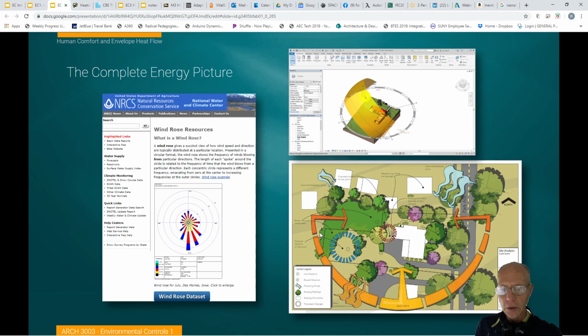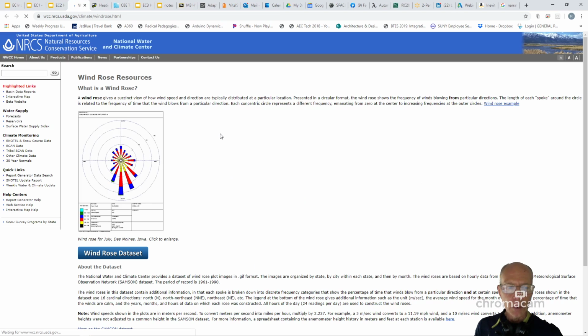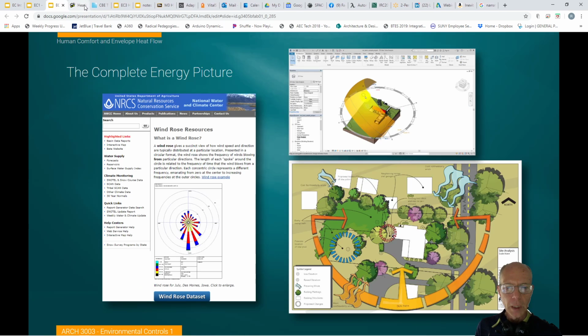So when we draw these sun paths and we draw these arrows on our site plans to indicate which way the wind is blowing, we can go and find actual records, digital data of where the wind blows the strongest from what direction for any given site. So if I was to click on this, it'll take you out to a site that will allow you to get data for any location that you might be working on your project at.